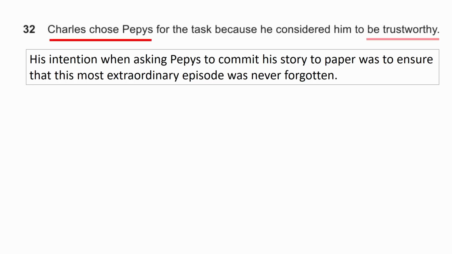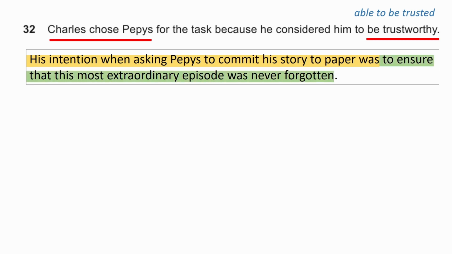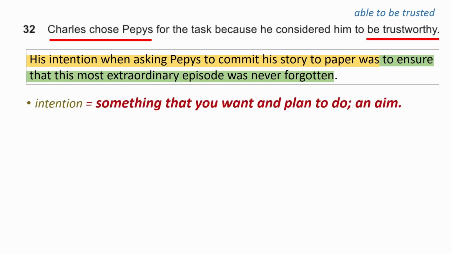Now, the word trustworthy means able to be trusted. In the text, we have: his intention when asking Pepys to commit his story to paper was to ensure that this most extraordinary episode was never forgotten. Now, let's pay attention to the keywords and the meaning of the text. Intention, something that you want and plan to do, or an aim.